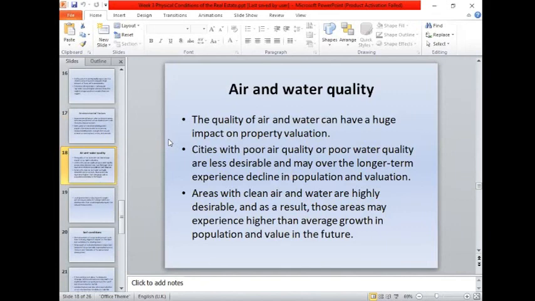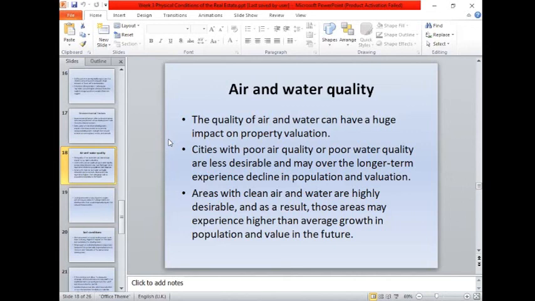of course, we should also consider in the value of the real estate the air and water quality. Because if we develop a real estate, we consider this environmental factor, so that we have clean water and also freedom from pollution.